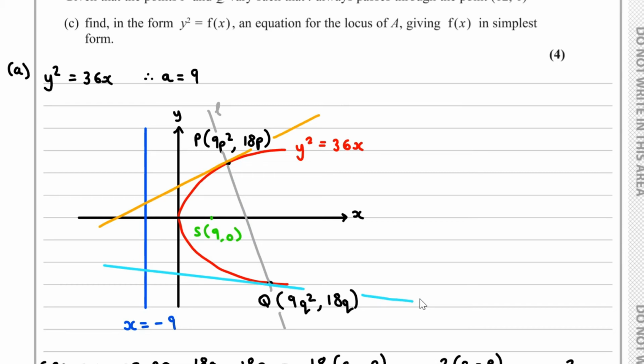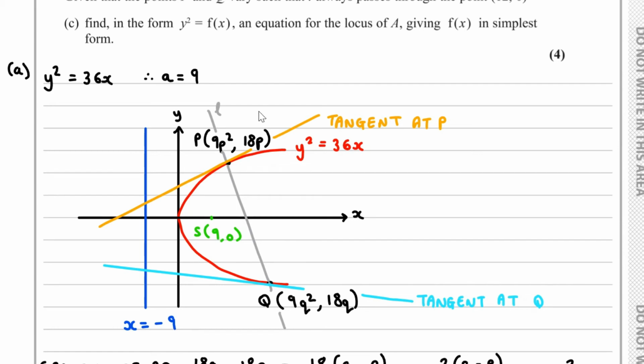Here we've got the tangent at the point Q, and here we've got the tangent at the point P. And now what we can do is find the perpendiculars of those.